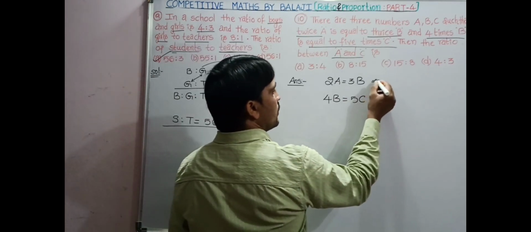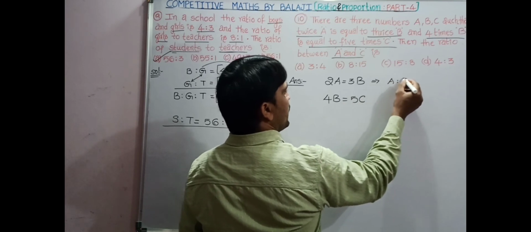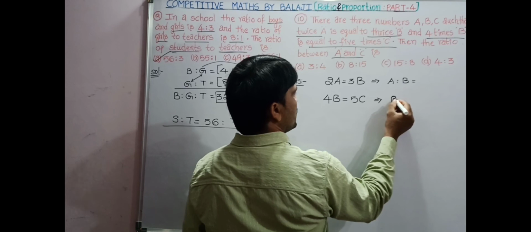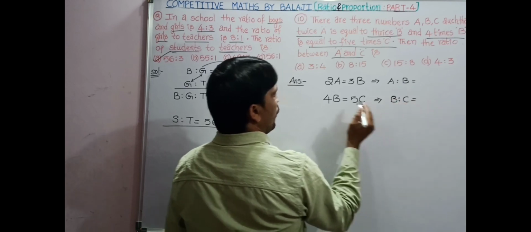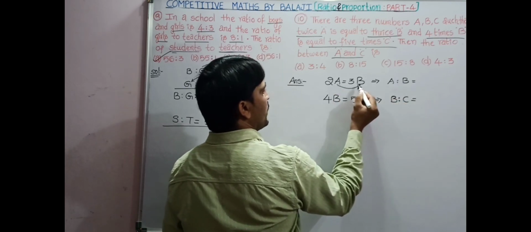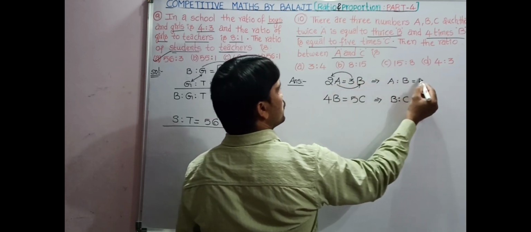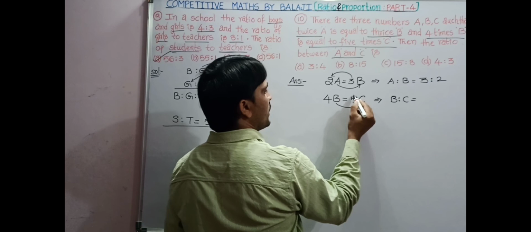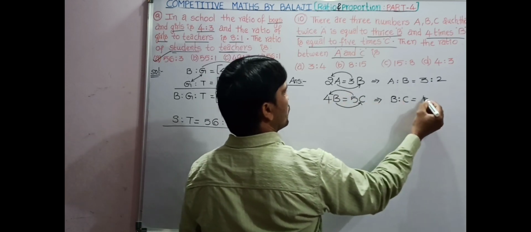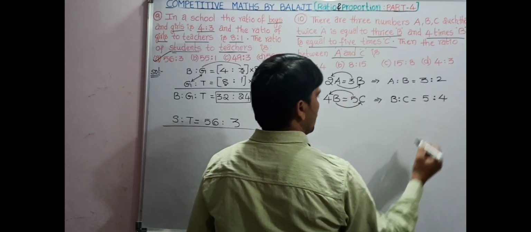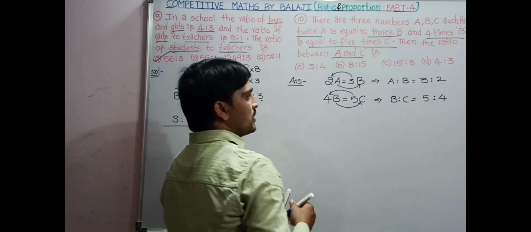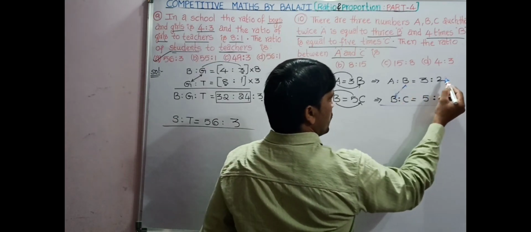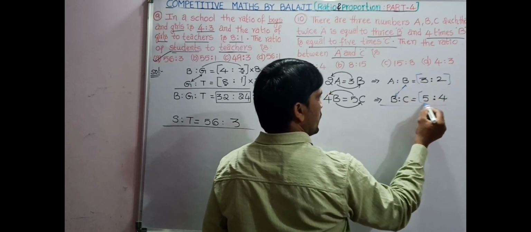Let us write A is to B and B is to C. We know that A is to B is 3 is to 2. Similarly, B is to C is 5 is to 4. See, here B is our connecting term. So equate the connecting term.